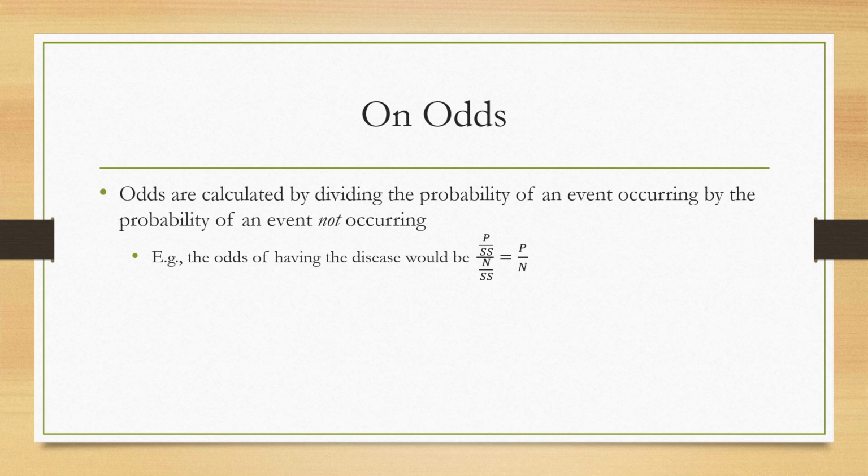And again, that might be an interpretation that is difficult for you to understand. Consider the probability. Probability is 35% of people have the disease. Odds is for every person who doesn't have the disease, 0.54 times as many do have the disease. That's a different interpretation. That's a more complex interpretation.